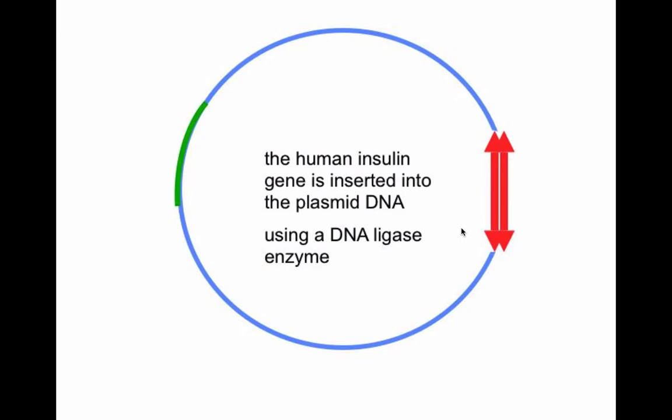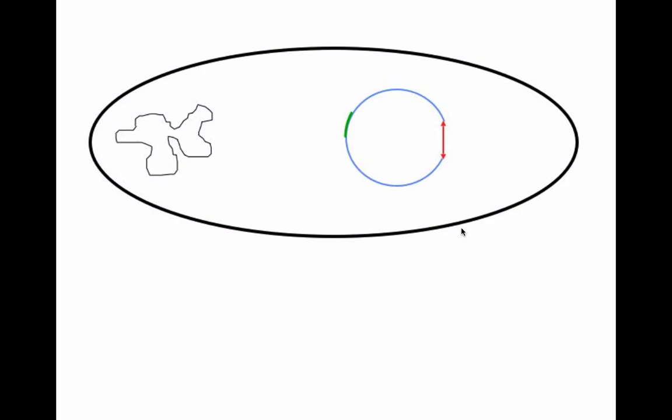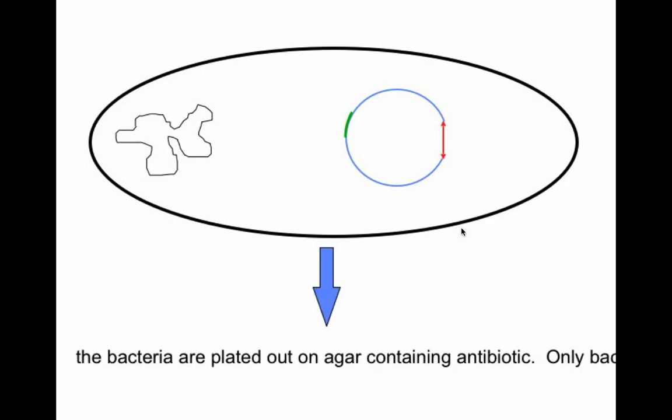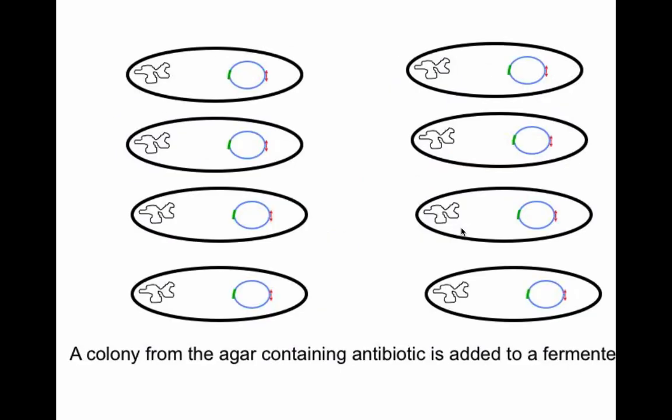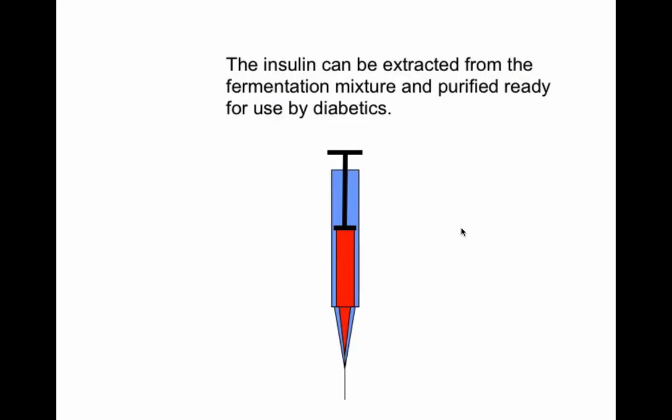So that's one thing we told you the truth about at GCSE. Then it's just a case of getting the plasmid back into the bacterium, allowing the bacterium to reproduce, and it will then produce the insulin for you, and you can extract it, purify it, and there's your product.